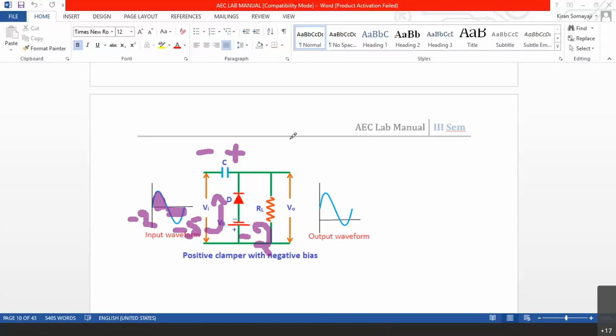Now, can anyone tell me what is the voltage across this capacitor? If I write this battery here, can anyone tell me what is the voltage across this capacitor? 2. No, it is not 2 volts. Any other answer?